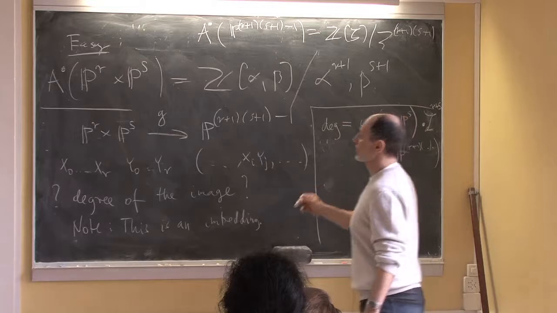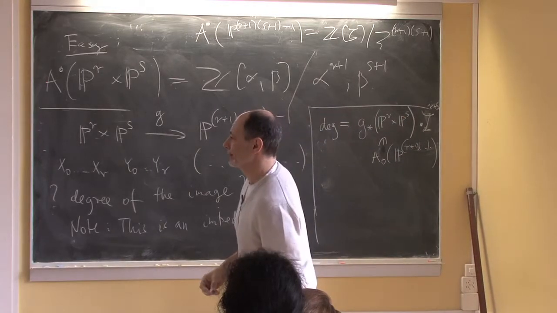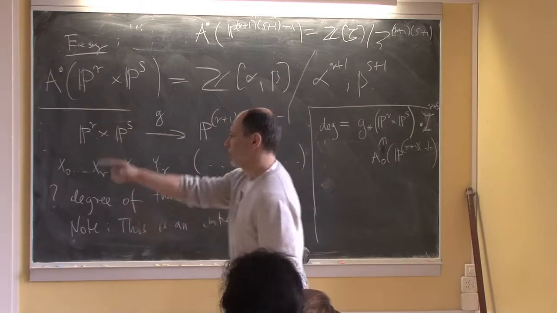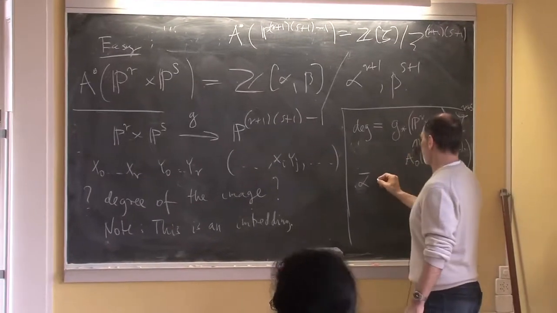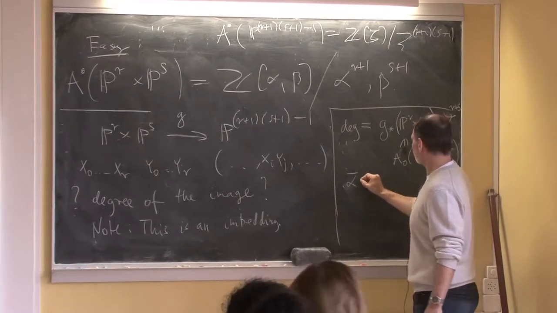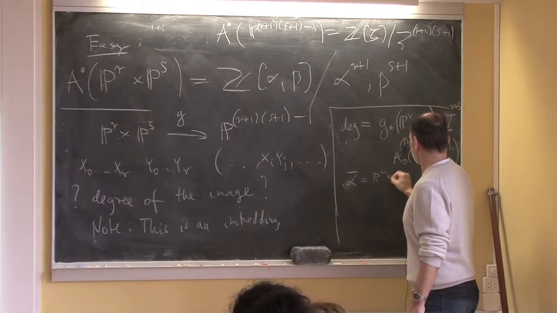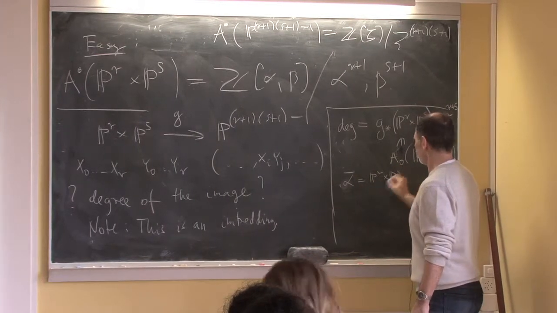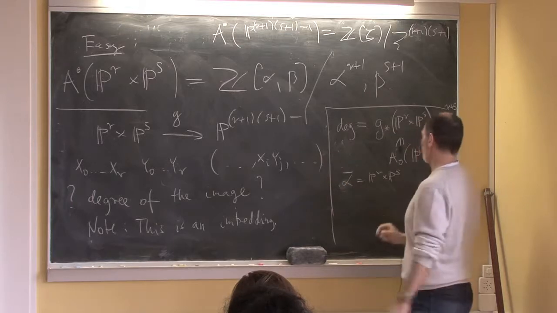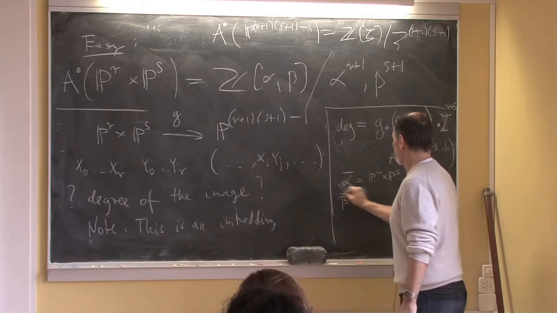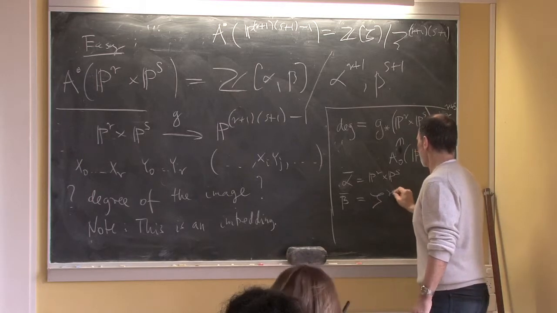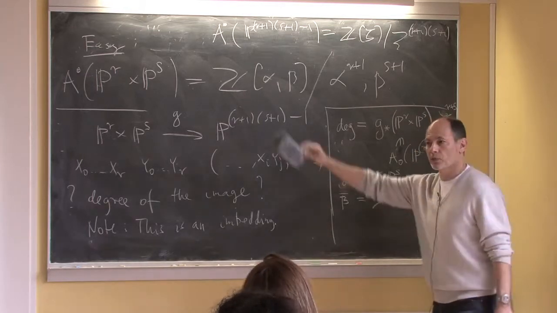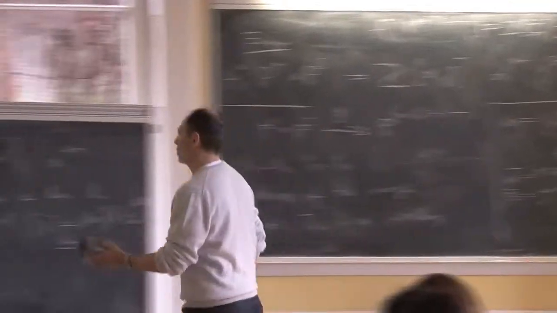That's terrible, this notation, because I denoted that by, oof. Anyway, I made a mistake. The alpha bar, whatever the thing is, is just this P^r cross P^s. So alpha bar is coming from there. And the beta is just this zeta to the power r plus s. Okay? And we use that formula. So I just want to show you this.